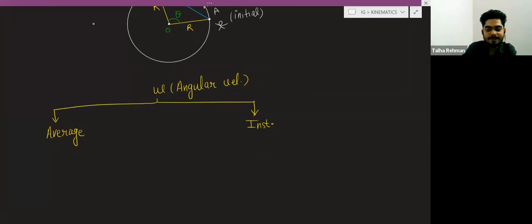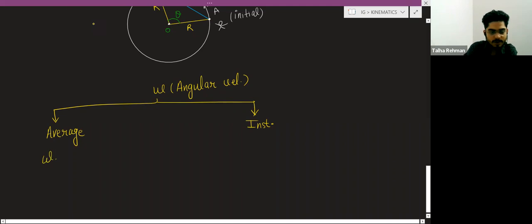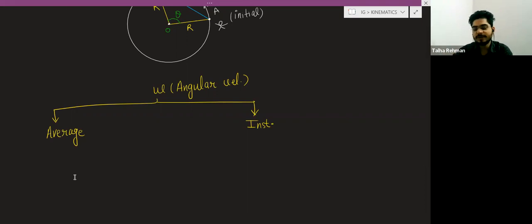Now what is average angular velocity? First you should know what average velocity is: total displacement divided by total time.